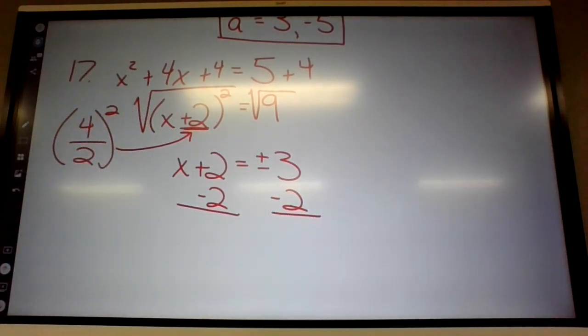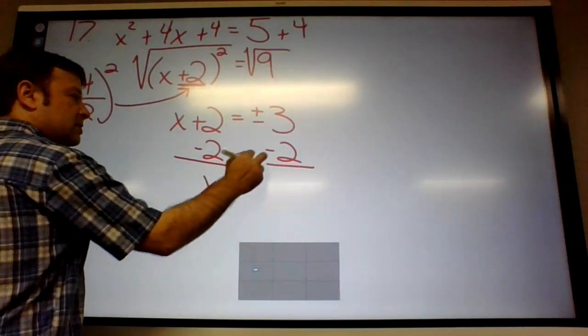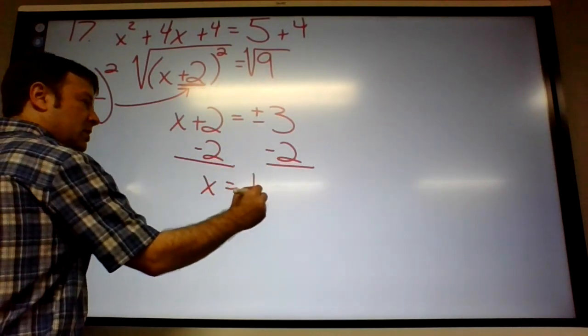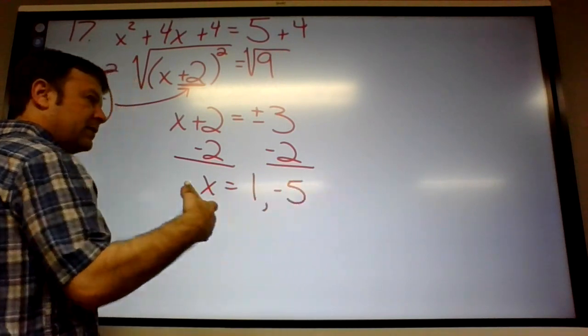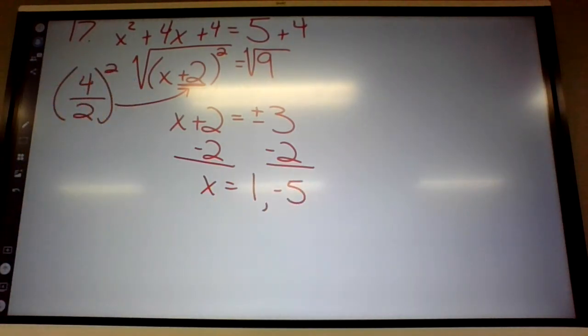So this time I have to do 3 minus 2 and negative 3 minus 2. So 3 minus 2 is 1. Negative 3 minus 2, like left 3, left 2 is negative 5.